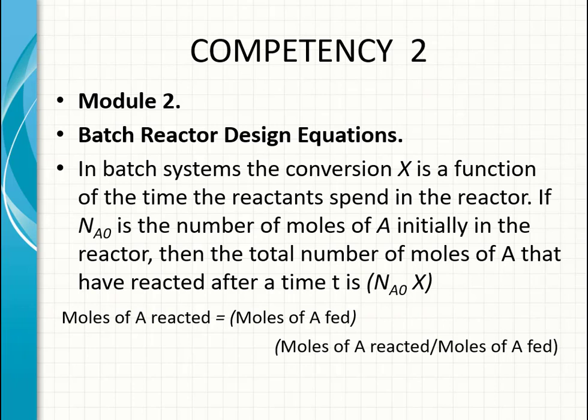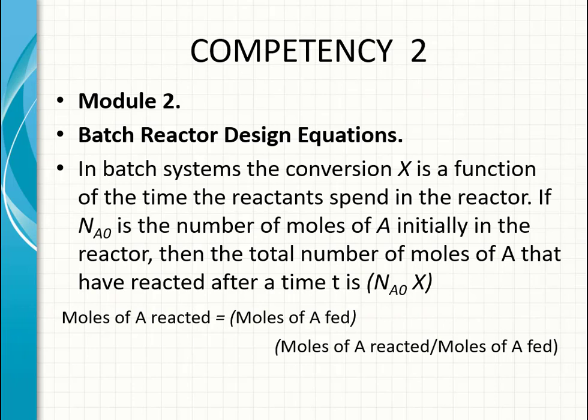If N_A0 is the number of moles of A initially in the reactor, then the total number of moles of A that have reacted after a time t is equal to N_A0 times X. So we will have that moles of A reacted is equal to moles of A fed times the conversion, which is moles of A reacted divided by moles of A fed.